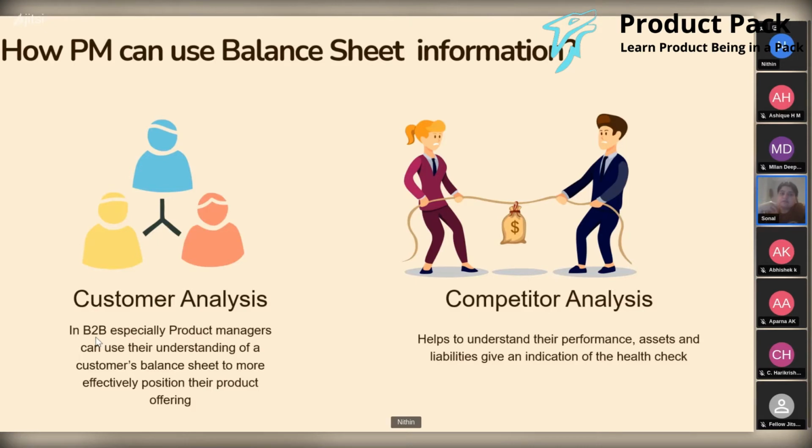So at that point, if I was a product manager and I had seen the balance sheet, and for example the balance sheet shows that they don't even have enough cash to build a solution, and I don't think they have that much borrowing capacity, then based on that information I can price my product correctly. I may not go down to 500,000 because the company has $1 million to pay. They don't have money to build a solution themselves. That means we are going to stick to our price. So this is where it helps for customer analysis.